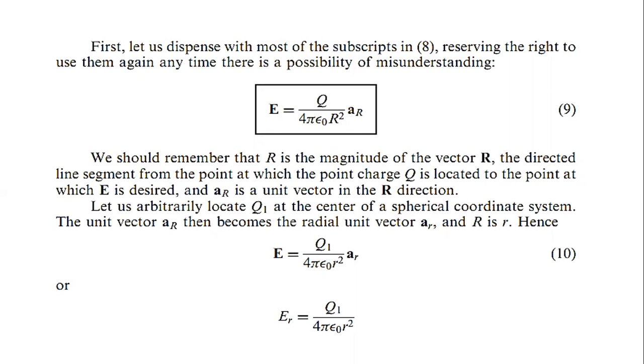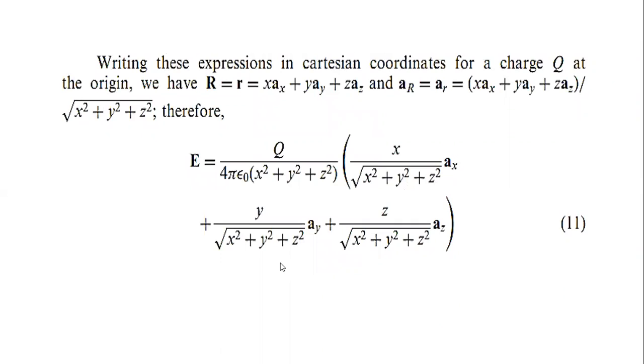You will see now. Like writing these expressions in Cartesian coordinates for a charge q at the origin. It means that if we have a charge q that is placed at the origin, and if we want to find the electric field intensity at this point P, the vector is r.